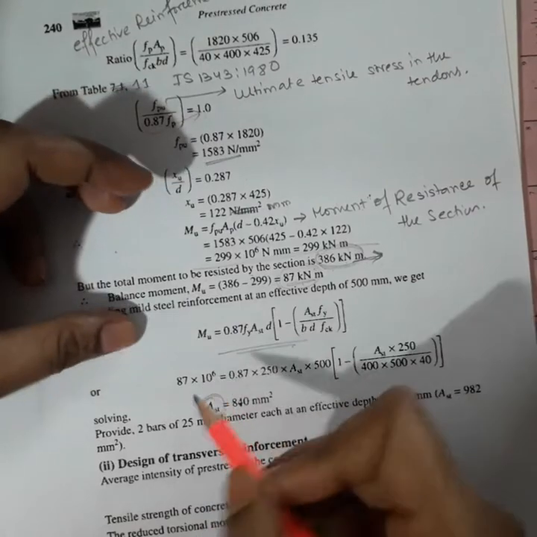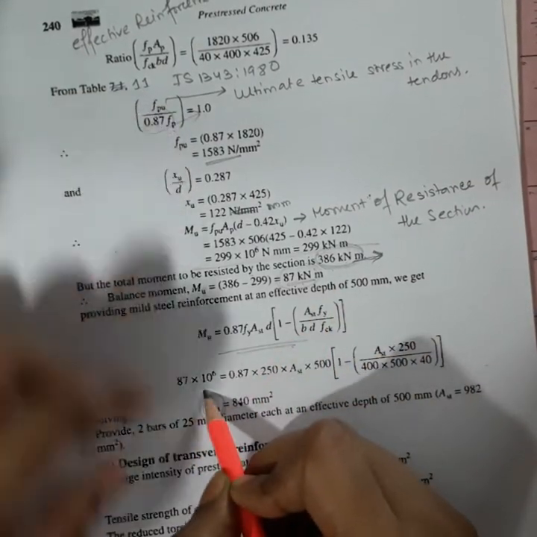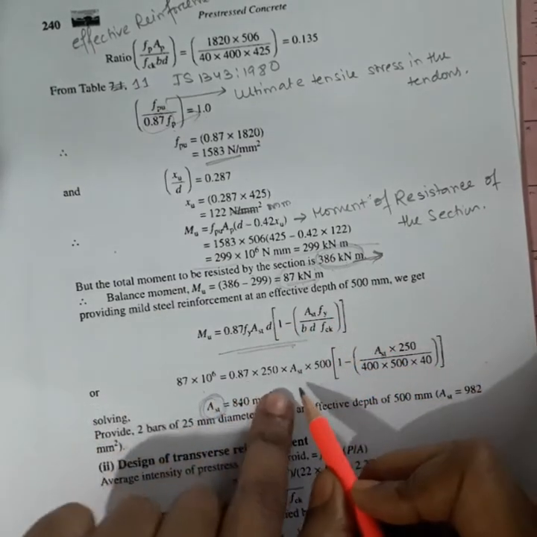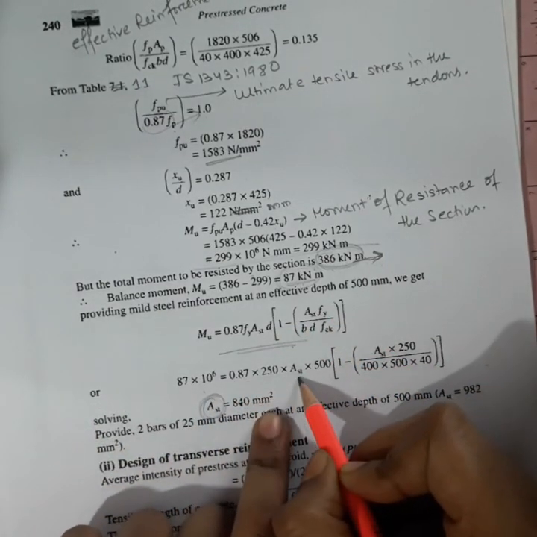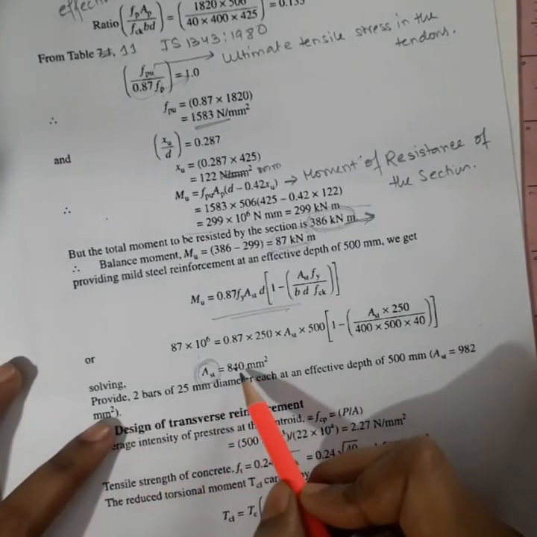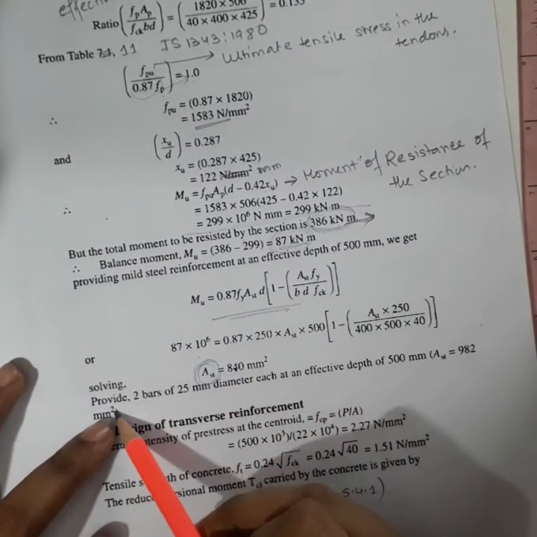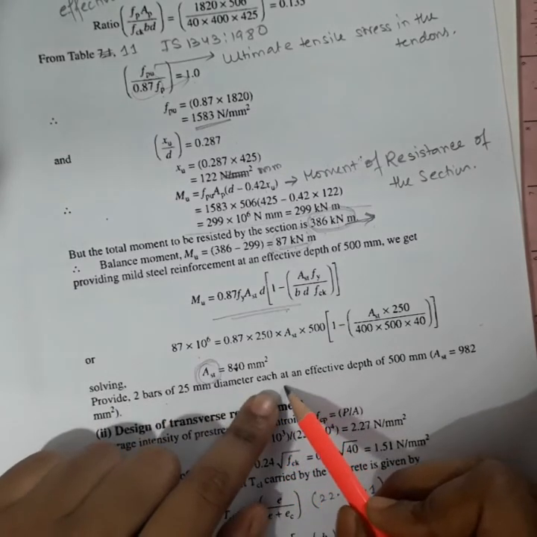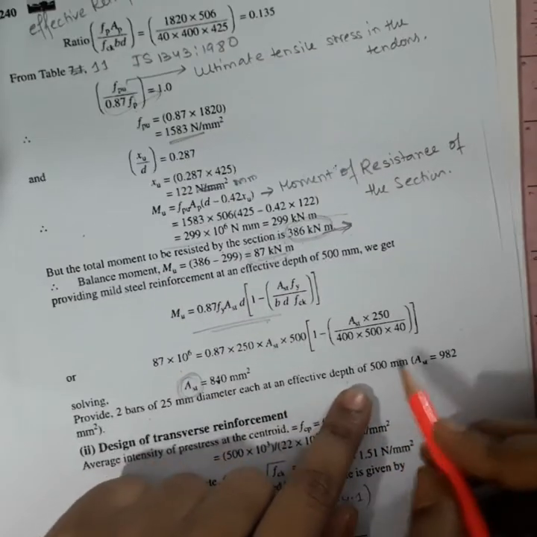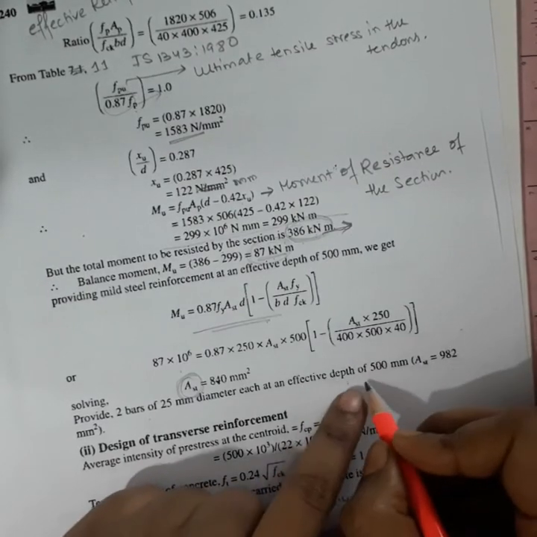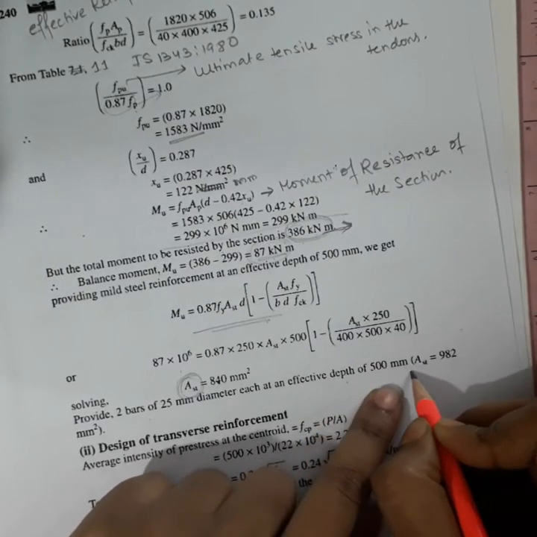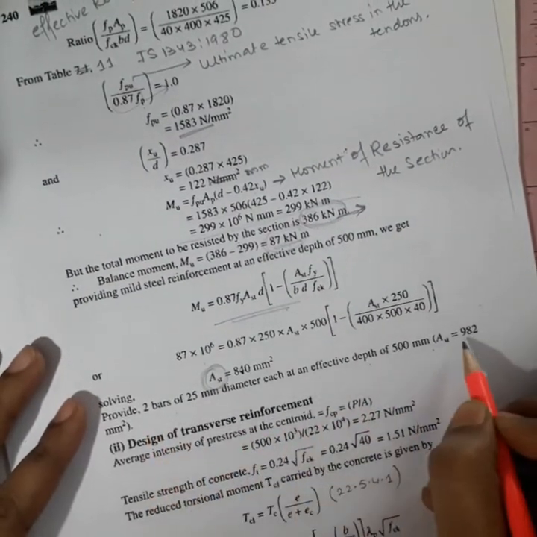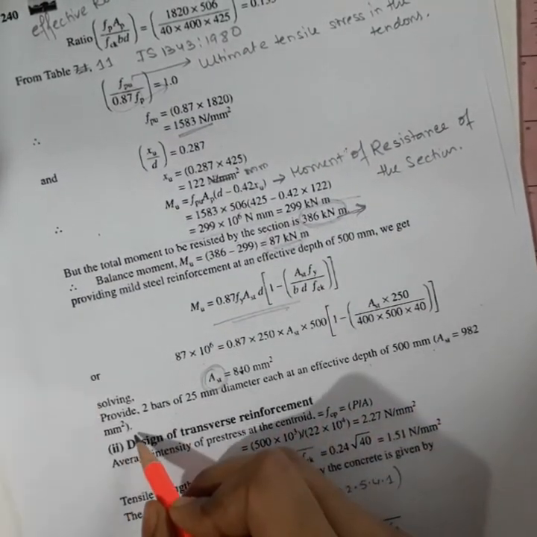So that moment should be taken into account, and by putting all the corresponding values we will get the value of AST as 840 millimeter square. So providing 2 bars of 25 millimeter diameter each at an effective depth of 500 millimeter, the provided AST will be 982 millimeter square.